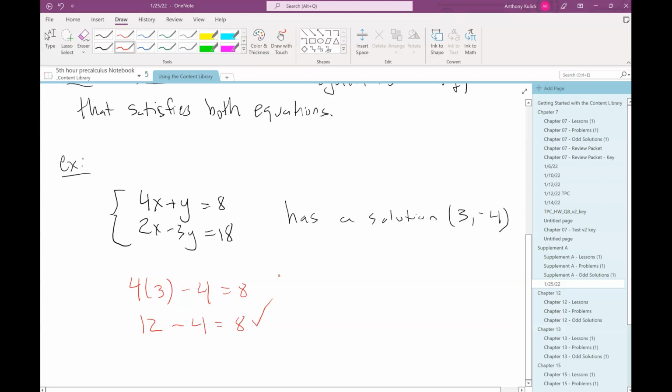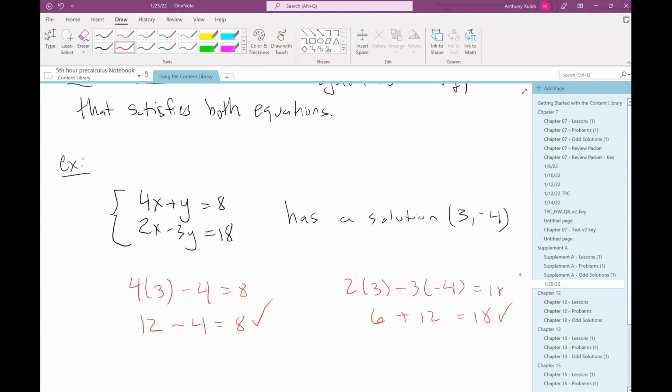So when I do it for equation 1, I get 12 minus 4, which is indeed 8. And when I do it for equation 2, I get 6 plus 12, which is indeed 18. So for sure, 3, negative 4 is a solution, as it satisfies both equations in our system. Everybody okay with that idea? Good.